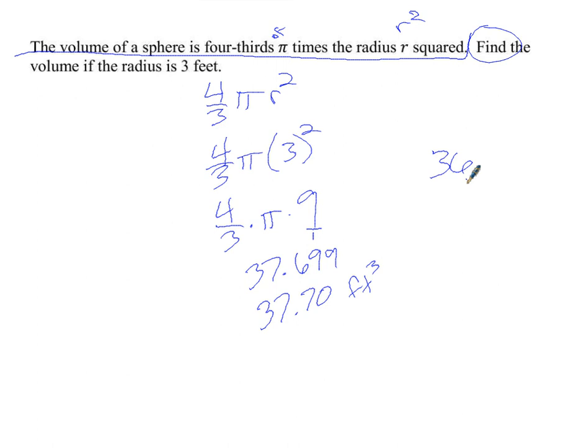And then 3 times 1 is 3, so divided by 3. And then I still have that pi that I don't know what to do with. I'm just going to leave it alone for now. Then we have 36 divided by 3. What is 36 divided by 3? 9. No, that's 27 divided by 3. 36 divided by 3 is 12. So we have 12 times pi. Our answer is 12 pi.